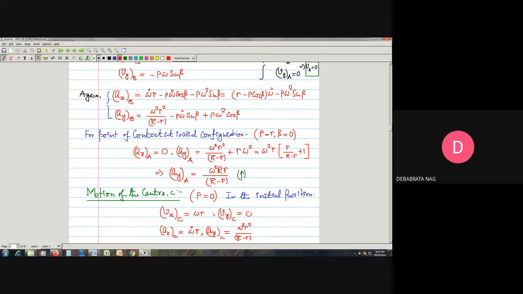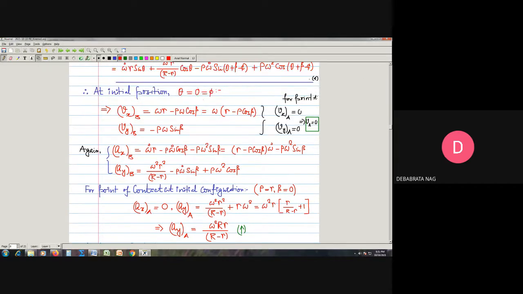If we put in this expression, these are your general expressions, correct? General expressions in the case, and we substitute in it here at the initial position. This is how we get the acceleration for the center of the cylinder-like or the sphere-like substance.